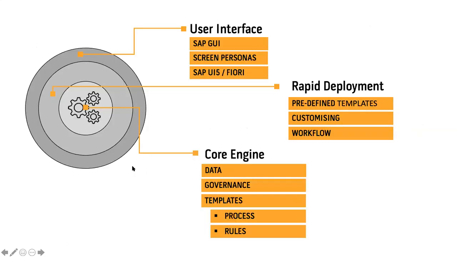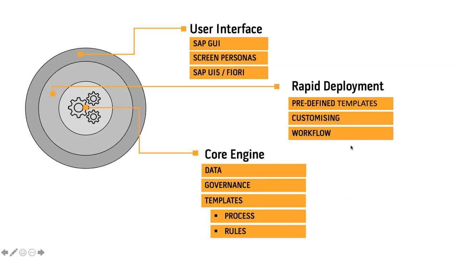In terms of the architecture then, before we jump into the demo, we have a core engine which sits within your SAP system. Whether you're ECC6 or S/4HANA, it's shipped via transports into your system, and you have all the expected fields that you'd find within master data for each object. You have what we call templates, which basically cover process and rules.